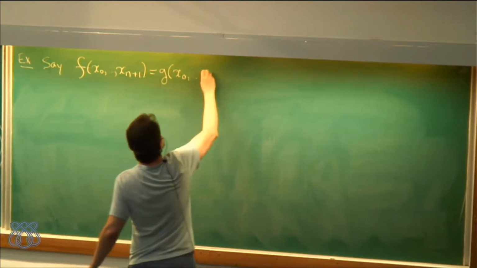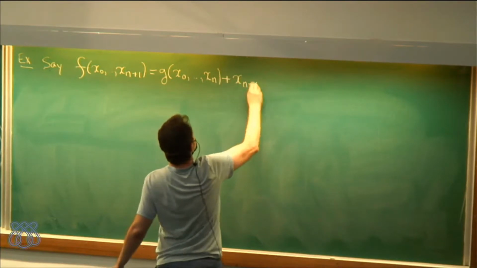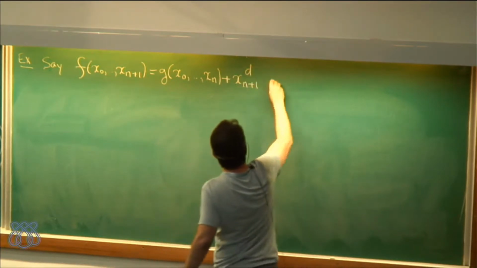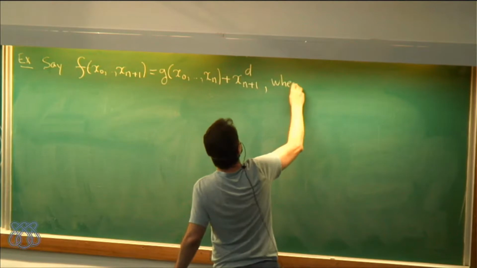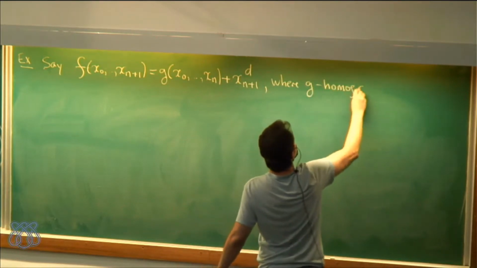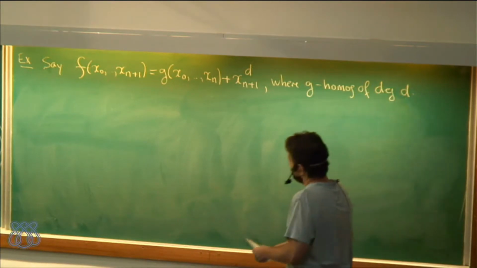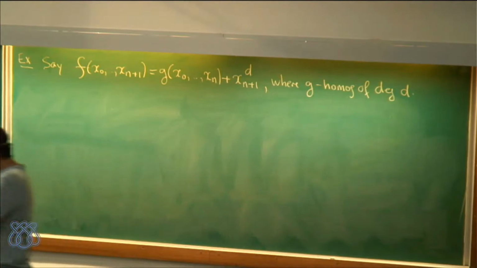So these are the coordinates in C^(n+2), right? It looks like g of x0, ..., xn plus x_(n+1) to the power d, where g is homogeneous of degree d, right? So f is homogeneous of degree d, but I split it like this.